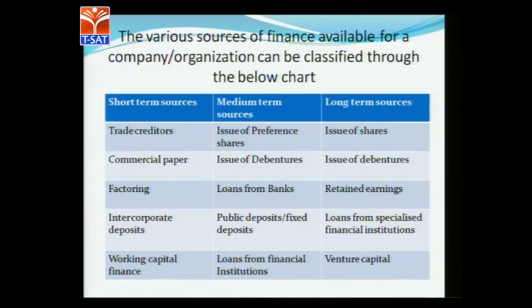And factoring is a financial transaction, and it is a type of debt finance. It is used by the company in which the business organization can sell its invoices and bills to a third party. It means before the maturity date, if we need any emergency fund, instead of going to the bank, a company can sell its bills receivable and invoices to another person.